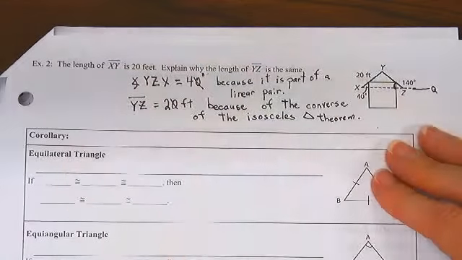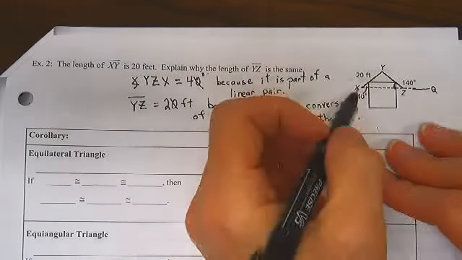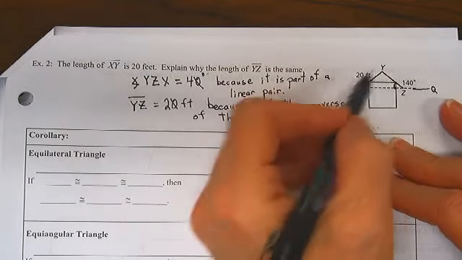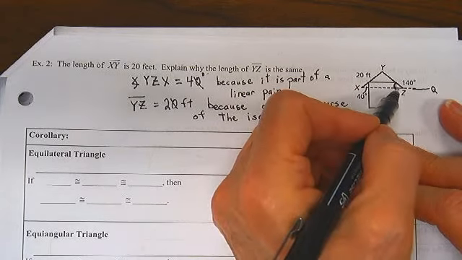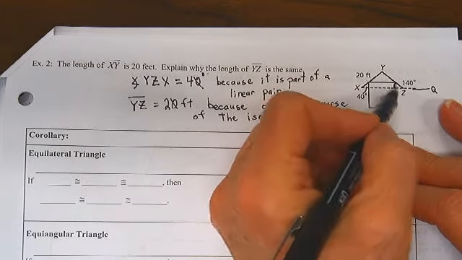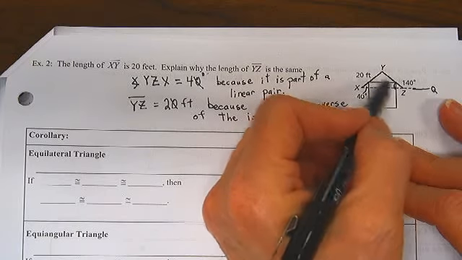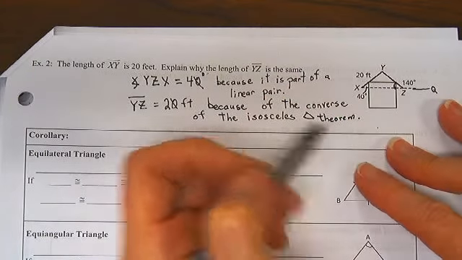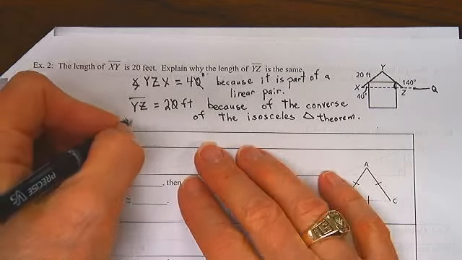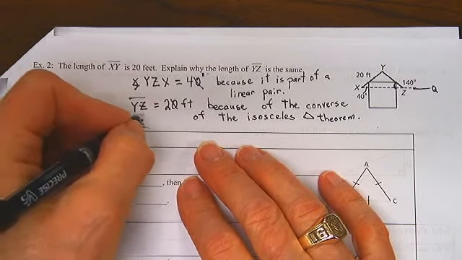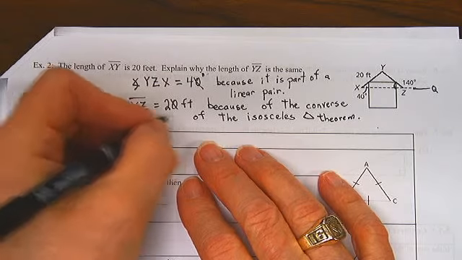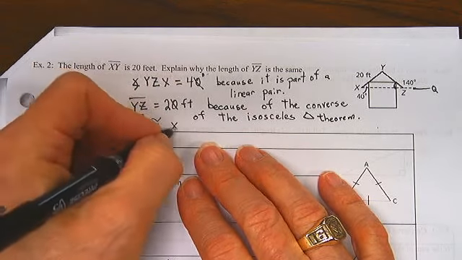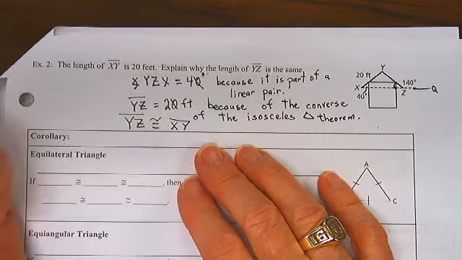The converse of the isosceles triangle theorem says that if I have a triangle with two congruent angles, the sides opposite those angles are also congruent. YZ is congruent to XY.